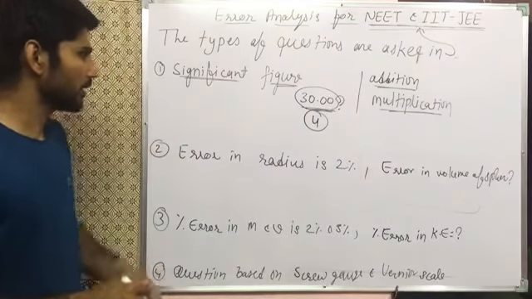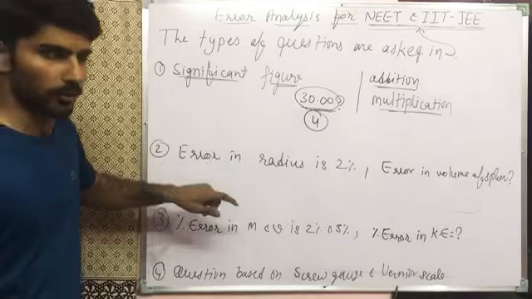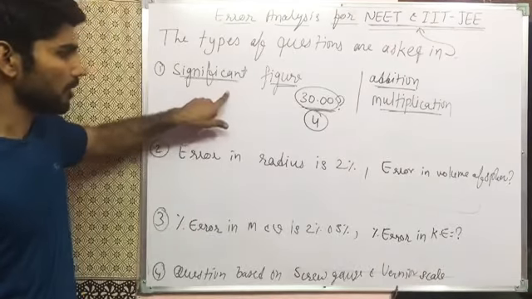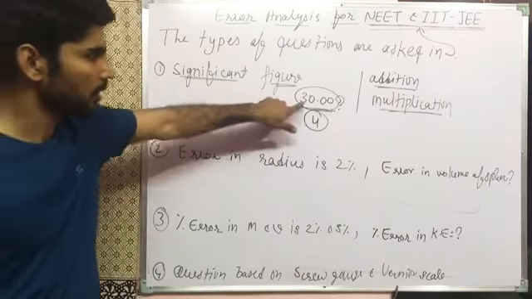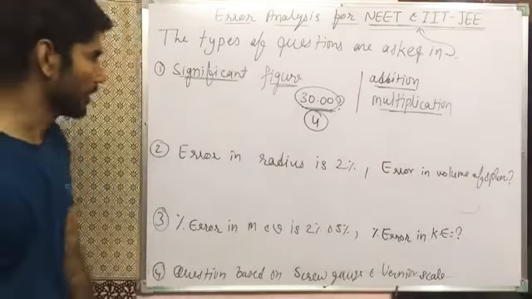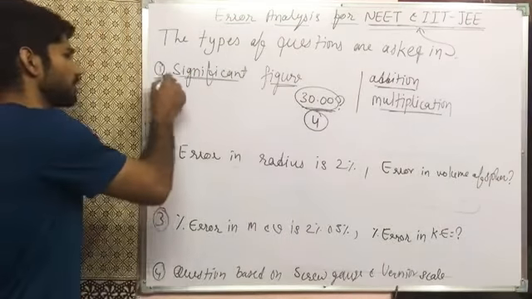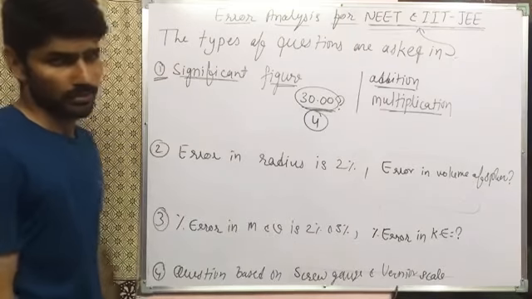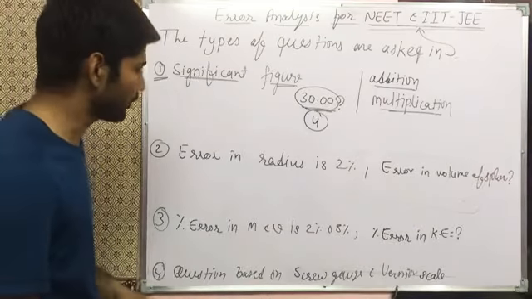So these are three possibilities of asking questions from significant figures. First is the direct question, second is addition, and third is multiplication. So this is our first type.